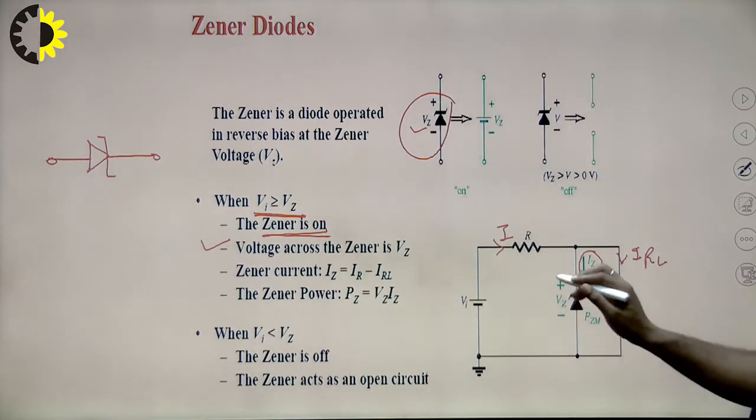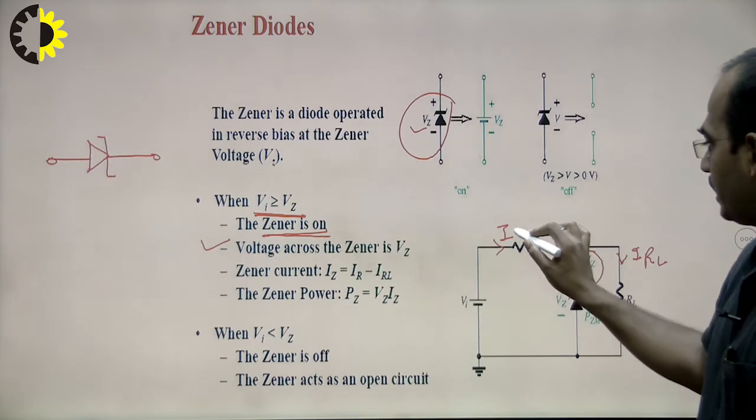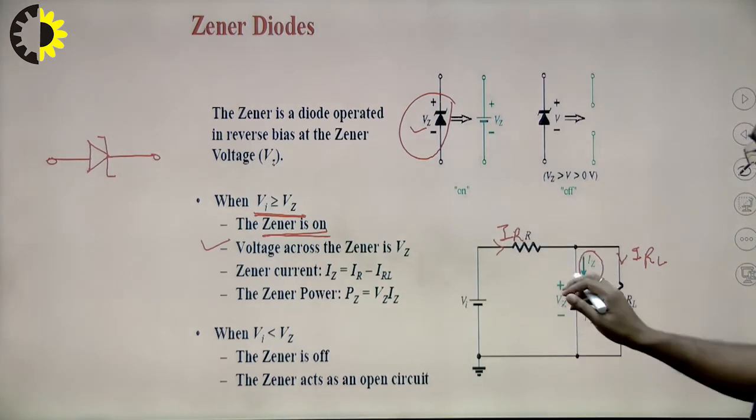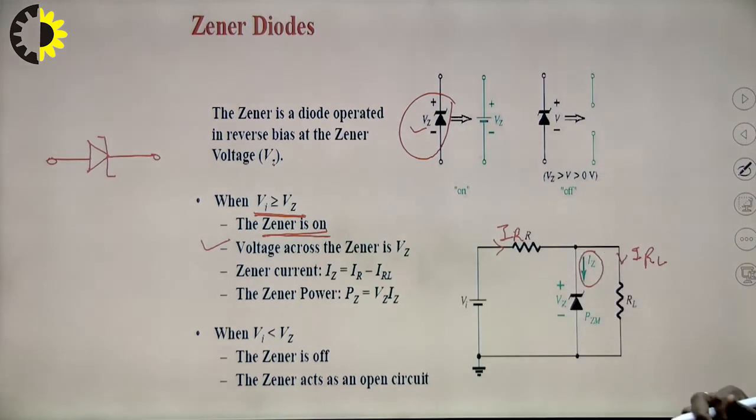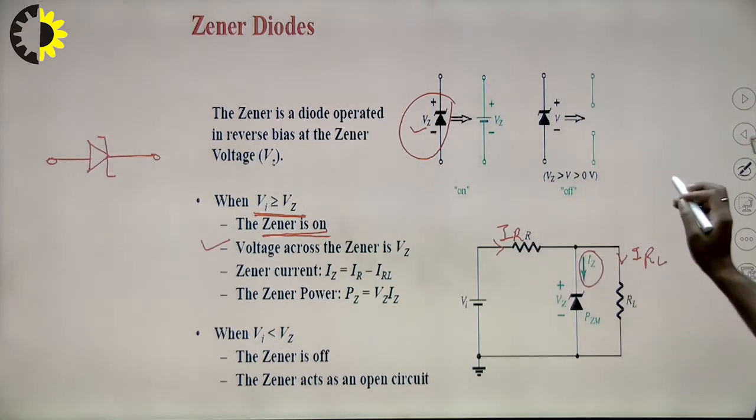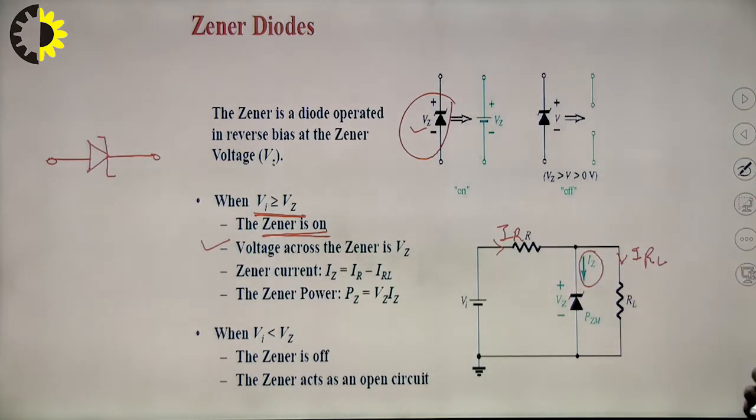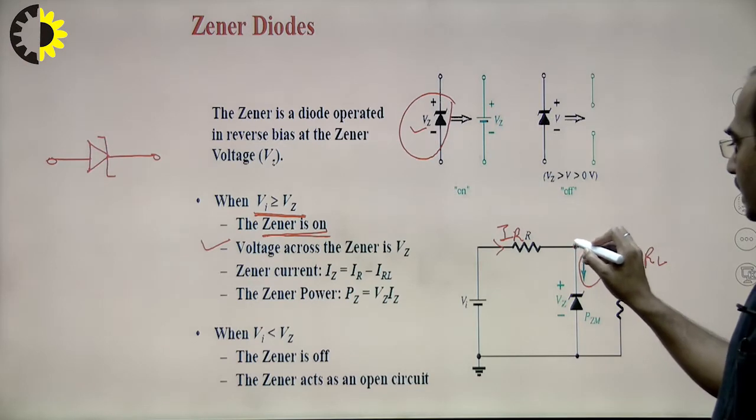The current flowing through the Zener diode will be equal to IR minus IRL. I have simply applied KCL at this node.